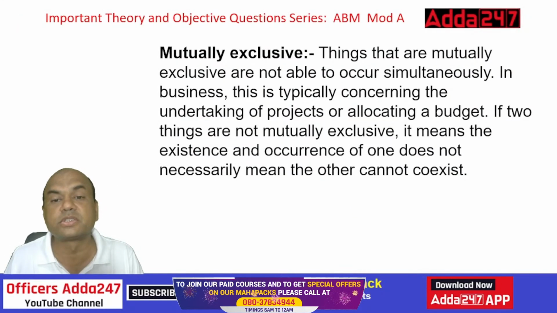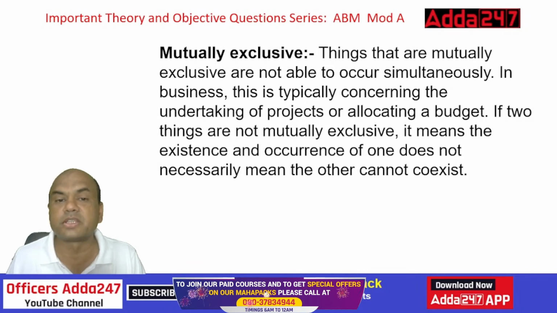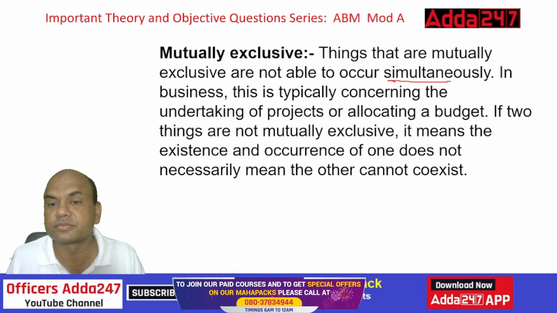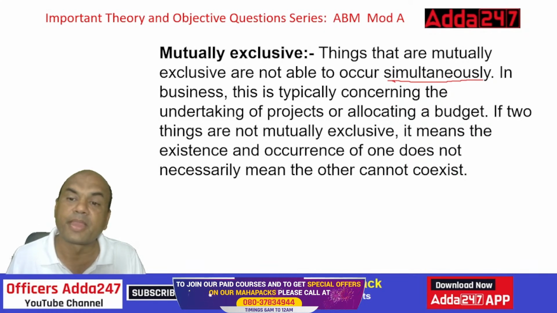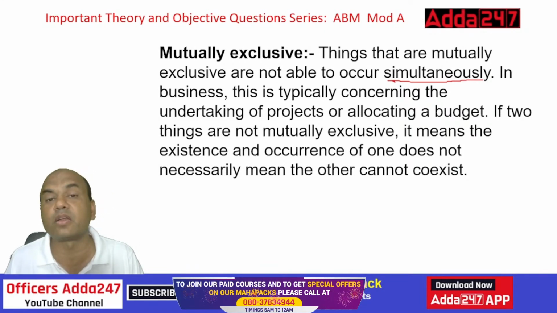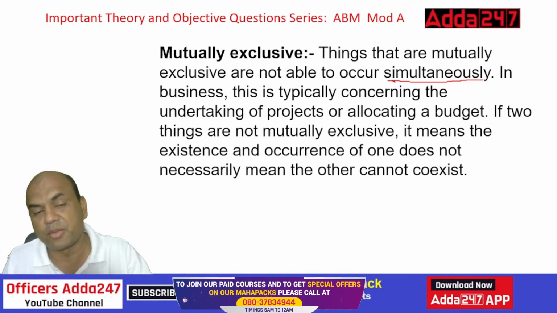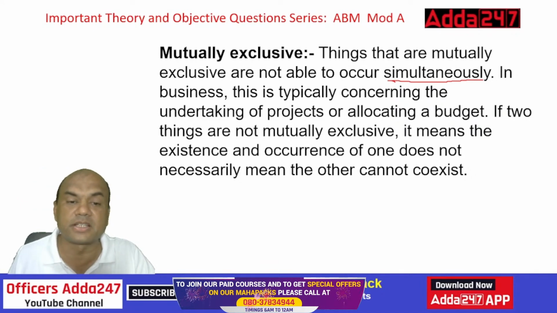Mutually exclusive events. Things that are mutually exclusive are not able to occur simultaneously. In business, this is typically concerning the undertaking of a project or allocating a budget. Exclusive means they cannot occur simultaneously. Suppose in business, take an example. I have a budget of, let's say, 100 crores.